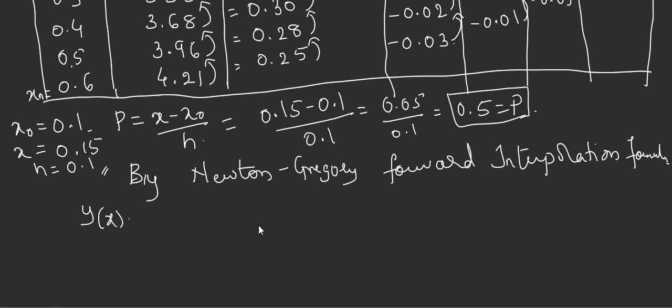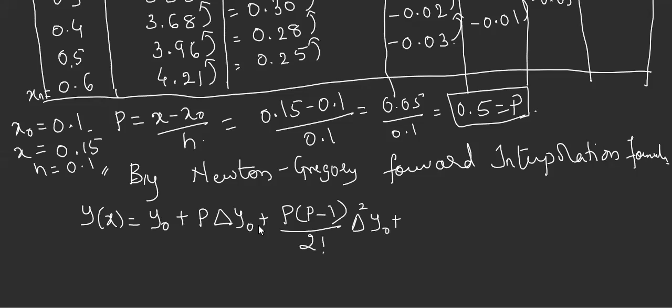Y at any x is given by, what is the first term in the formula? Y naught. Plus the second term, P into delta Y naught. Next, P into P minus 1 upon 2 factorial delta square Y naught.